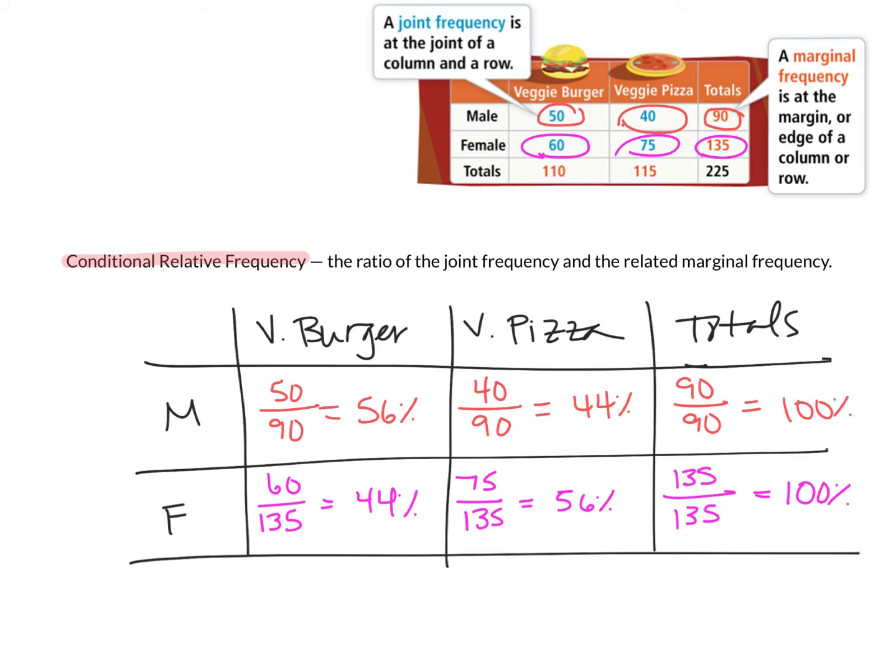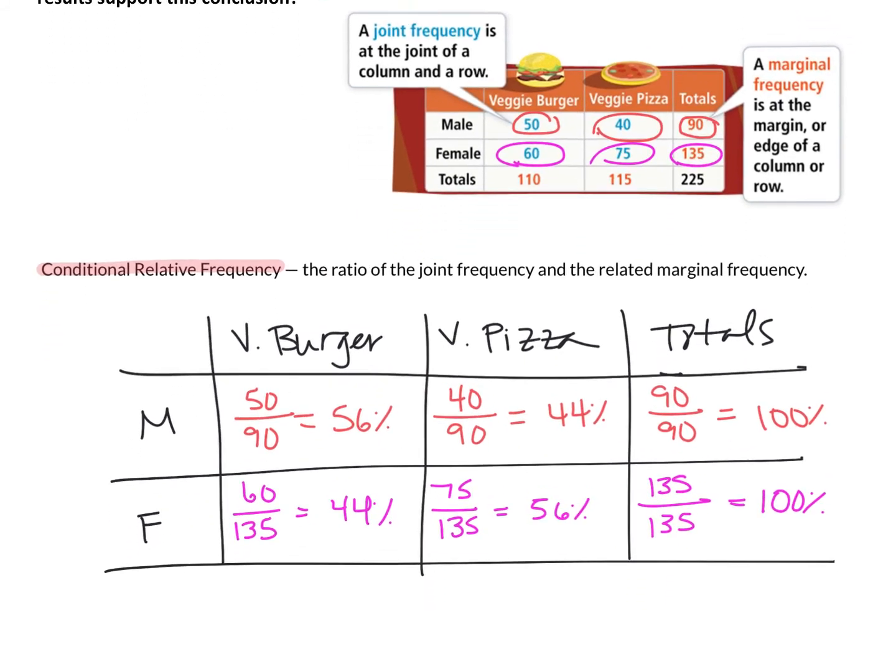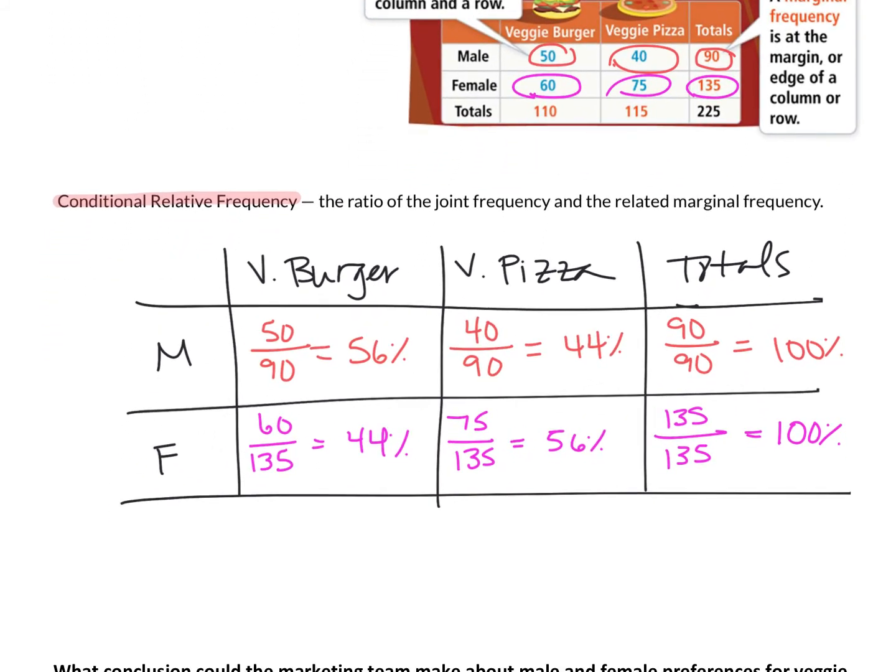So do the results support the conclusion? Let's go back to what the conclusion was. The marketing team said that females prefer veggie burgers more than men do. So according to our data, 56% of the males surveyed preferred the veggie burger and 44% of the females preferred the veggie burger.